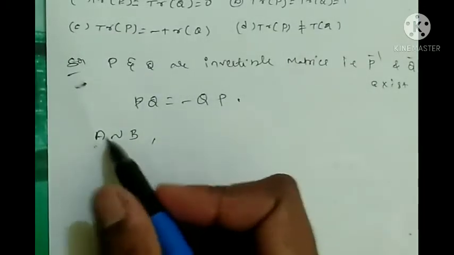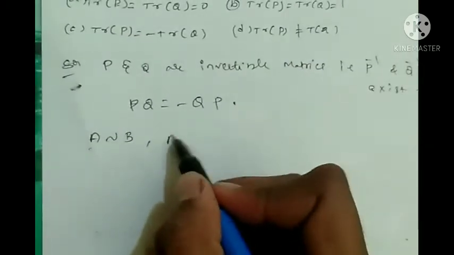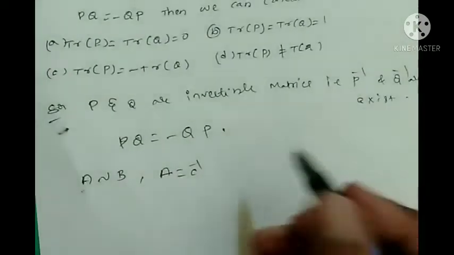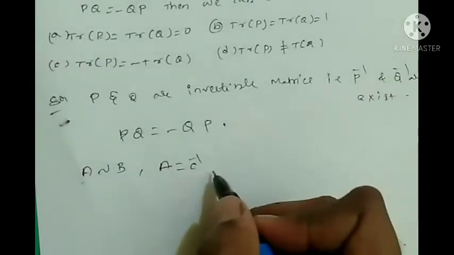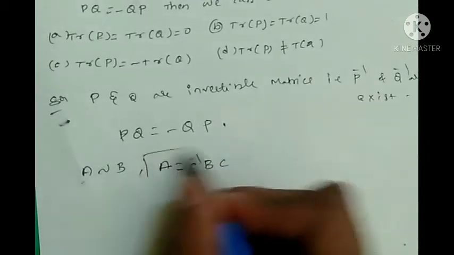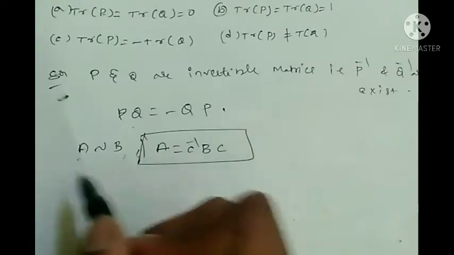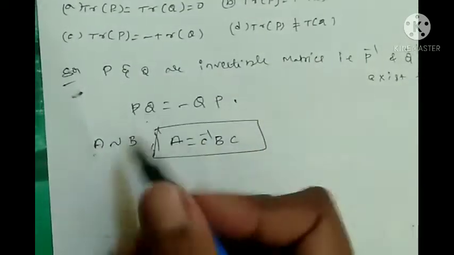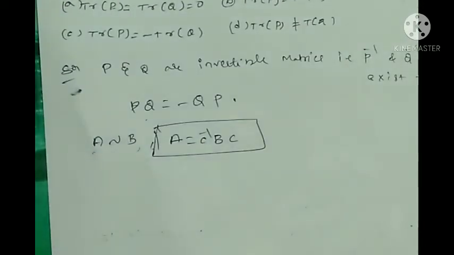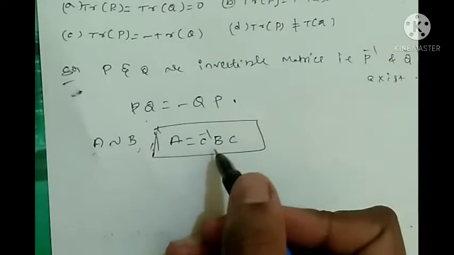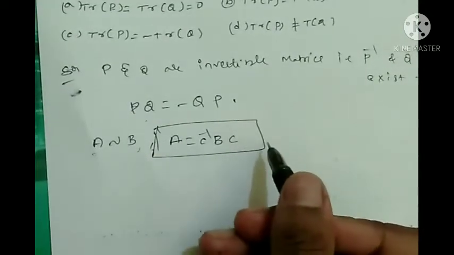Similar matrices means A is similar to B, then A is equal to C inverse B C. This is the similar matrices. If A and B are said to be similar matrices, then A is equal to C inverse B C.